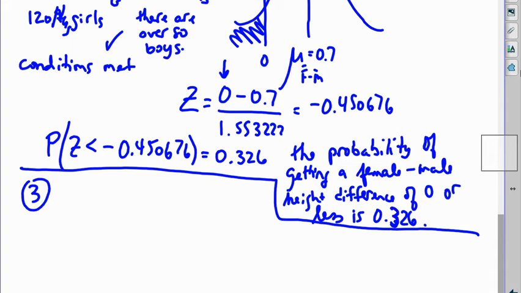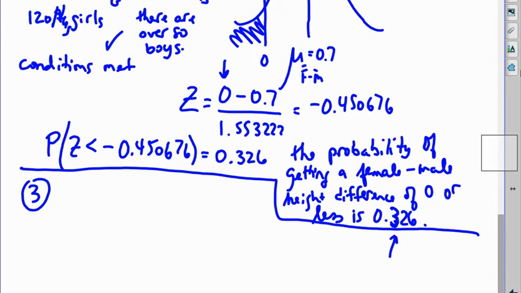Part 3. Now they're asking, does the result give us reason to doubt the researcher's stated results? The researcher reports that the sample mean height of boys is larger than the sample mean height of girls. That's what they're reporting. So, look at that probability.